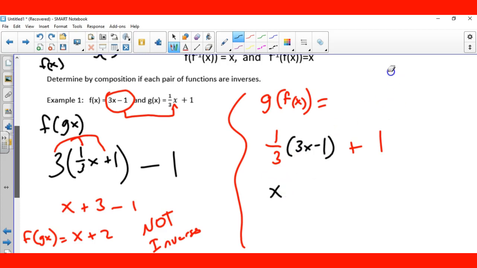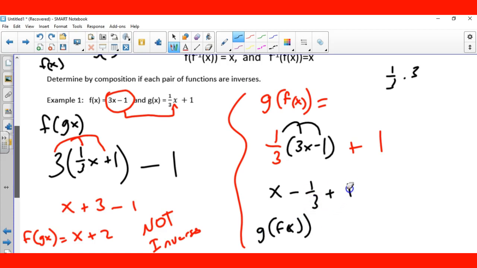All right, remember what I said. If you multiply a whole number, you just multiply to the numerator. By the way, look, distribute the 1/3. So you have 1/3 times 3x, that's x. And 1/3 times -1, guys, is -1/3. And we still have the plus 1 right here, okay? Now, I have -1/3 plus 1.